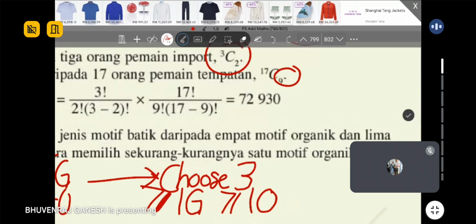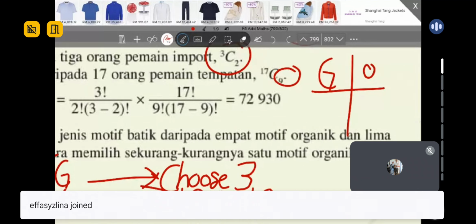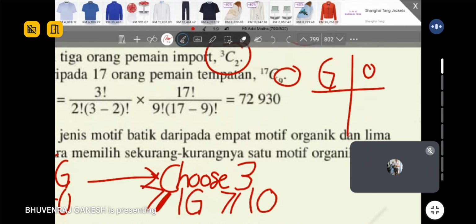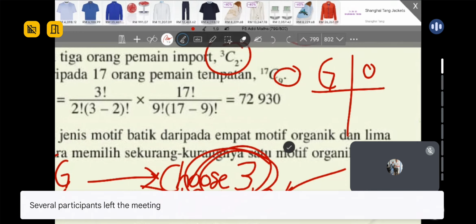So G, O. Guys, can you all tell? First case, berapa G, berapa O? How many geometry, how many organic, if I have to follow this condition? So first, can anyone tell what is the combination? You must have total 3, yeah? Total of 3 geometry plus organic.